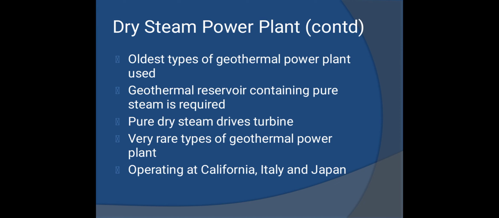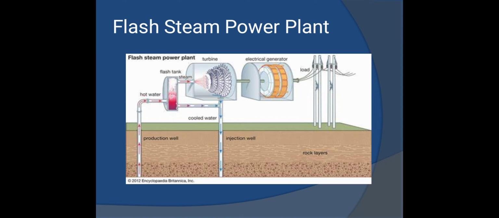Next, we'll go to the flash steam power plant. This is a figure of a flash steam power plant, where usually a turbine and electric generator are present. In this, the load is applied, and there are the injection well, production well, cool water pipeline, rock layers, and hot water. These are the labels present in the figure of the flash steam power plant.